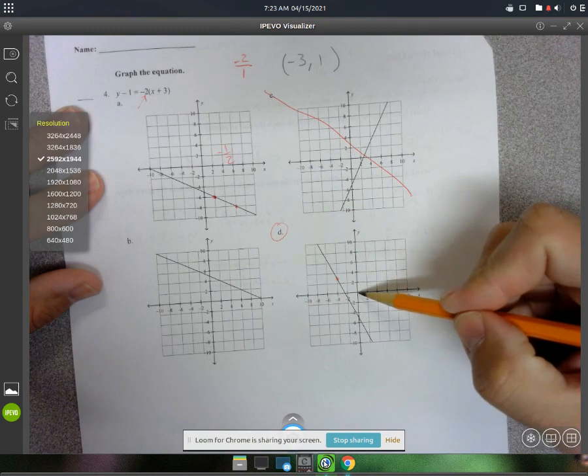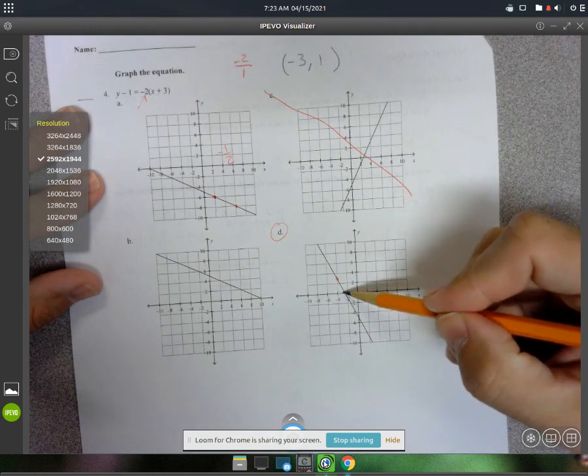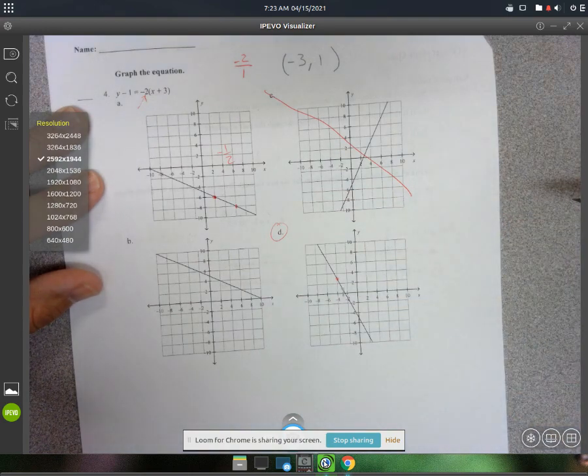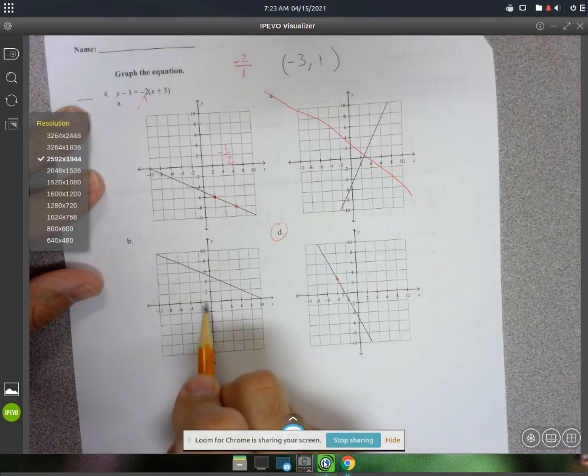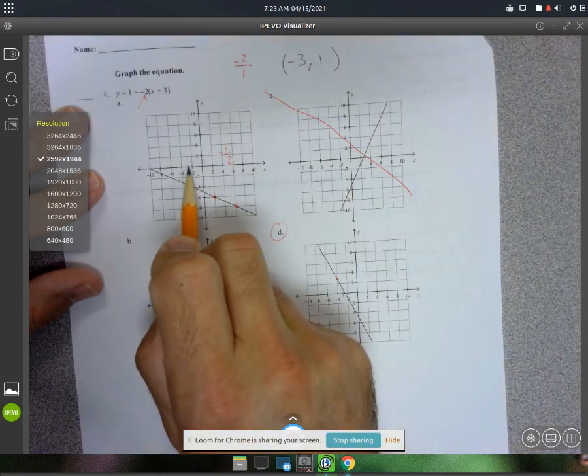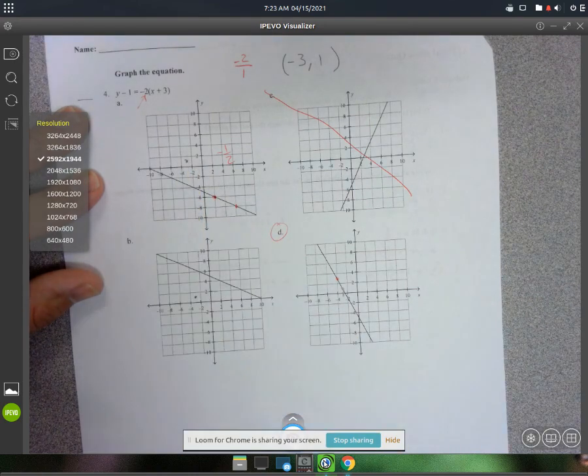That would be 3 to the left right here, and then up 1. Again, that's kind of hard to tell since they're counting by 2's. But for all the other ones, the line definitely does not pass through negative 3 comma 1.